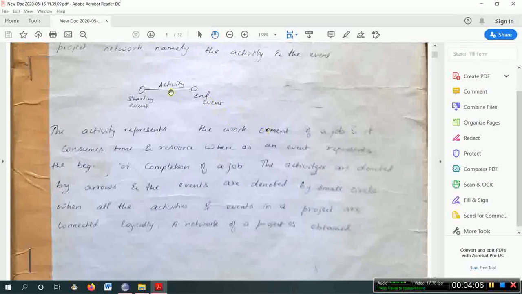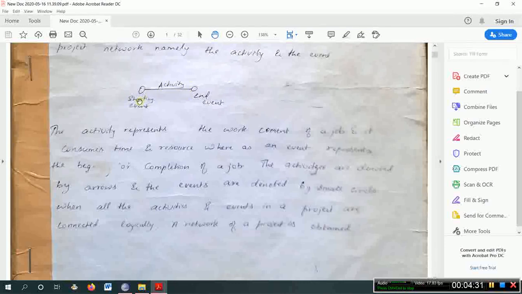For example, in a manufacturing unit, if a part has to be worked on in a lathe machine, thread cutting is a process. Thread cutting on the lathe machine is an activity.